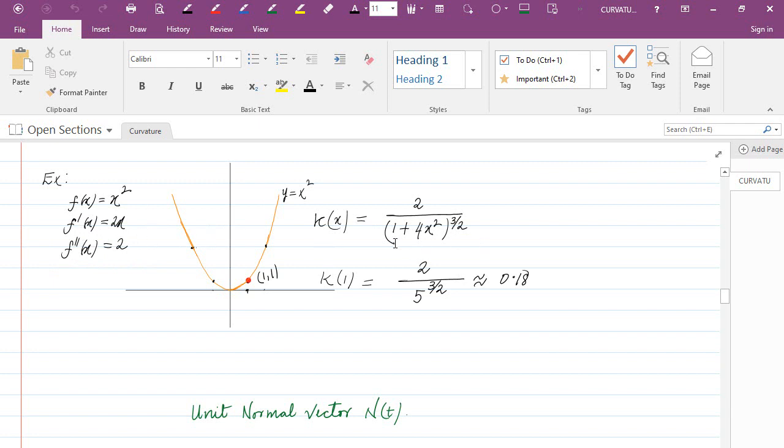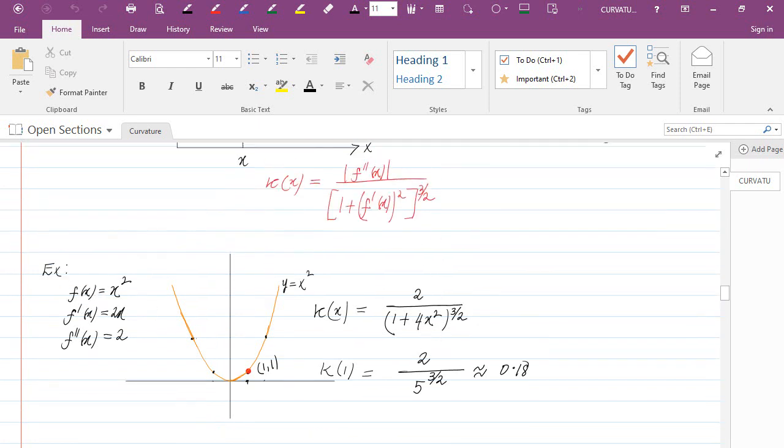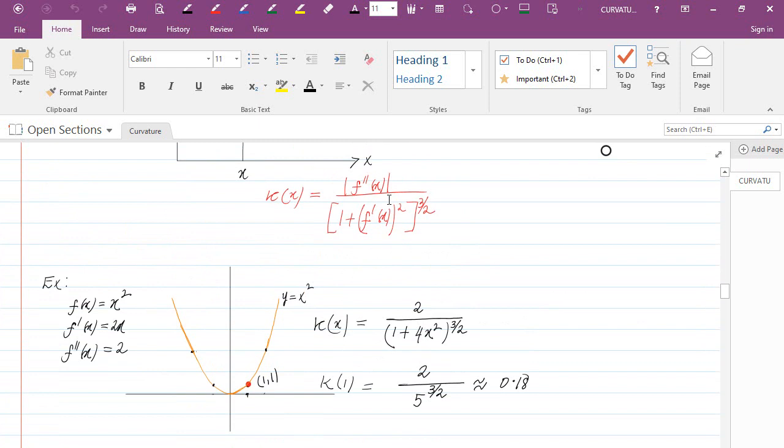So this would be 1 plus f prime of x squared, which is 4x squared, to the power 3/2. So we are applying this formula right here. And so kappa at 1 would be 2 over 1 plus 4 times 1, so that's 5 to the 3/2. And this is approximately 0.18.